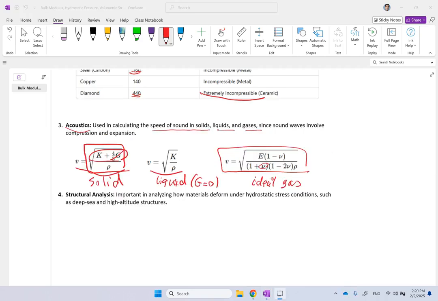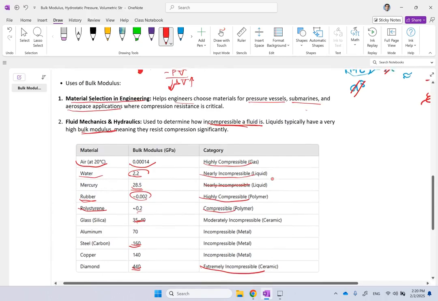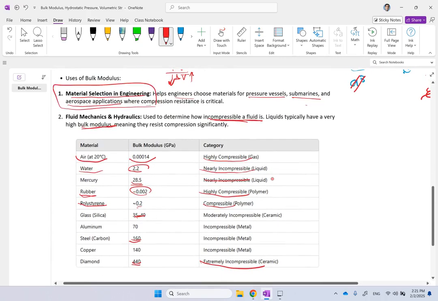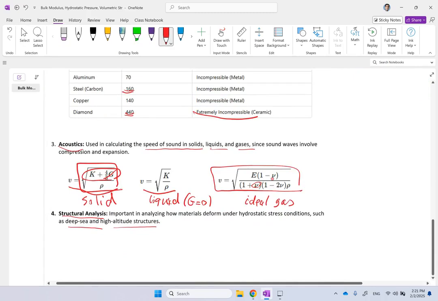And of course, if you have any structure in deep sea or high altitude, you want to look at that. Now, when you look at it, this number 4 is very similar to number 1. So 4 and 1 are basically the same, so I can get rid of 4, really.